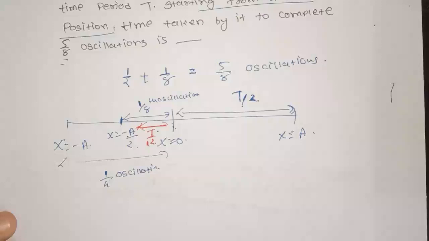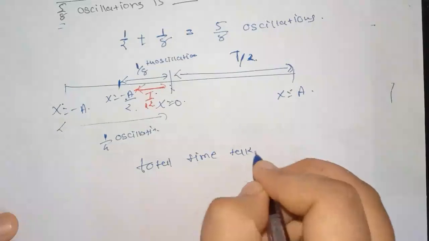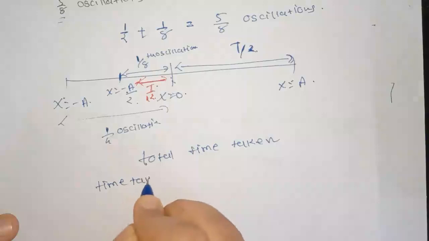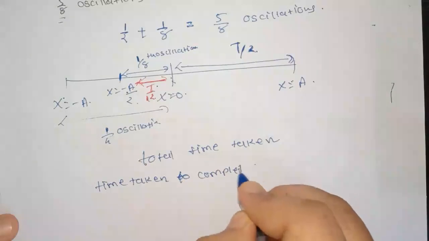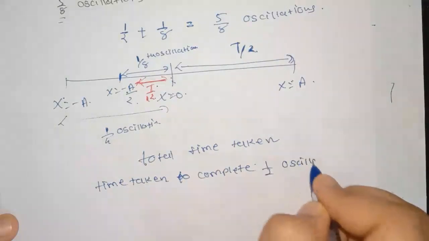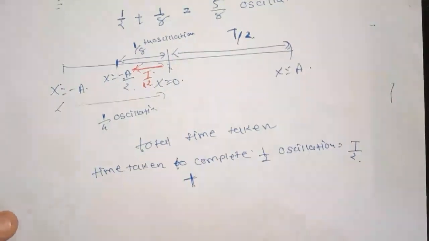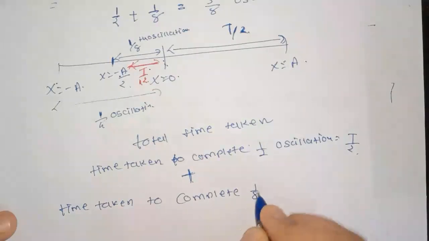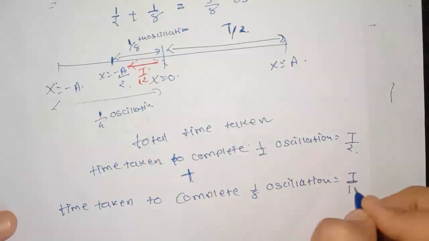So total time taken can be written as time taken to complete half oscillation, that is T by 2, plus time taken to complete 1 by 8 oscillation, that is T by 12.